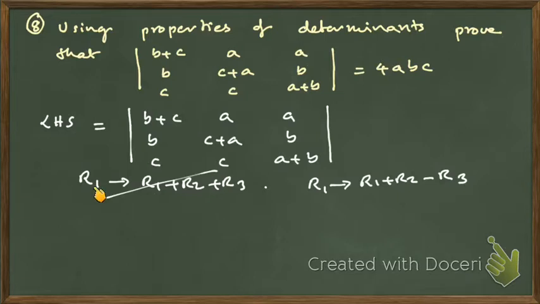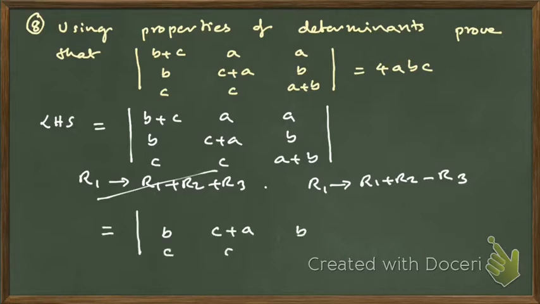It's not that this one wouldn't work. It would. But this would make it slightly faster. So we want our working to be more efficient. So if R1 plus R2 plus R3 is only giving me a 2 common out, try R1 plus R2 minus R3, which is what I am going to do here.